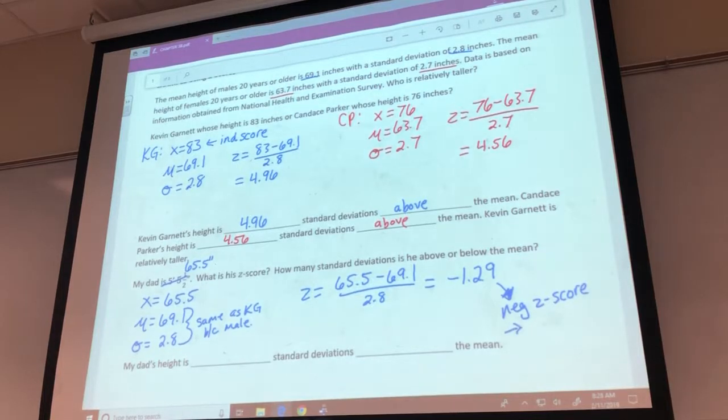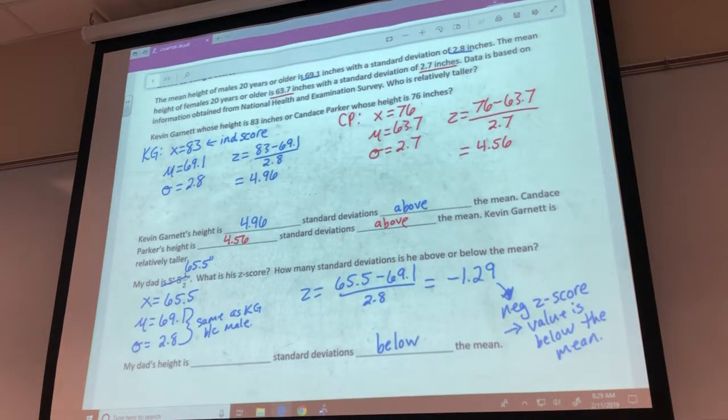That means your value is below the mean. So he's going to be below the mean. Specifically, he's going to be 1.29 standard deviations below the mean. He's shorter than the average.